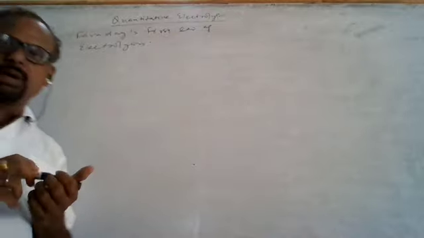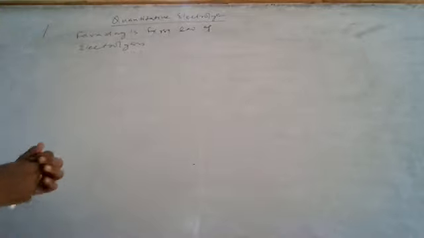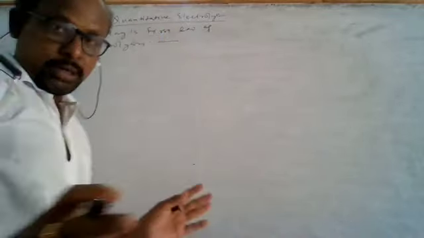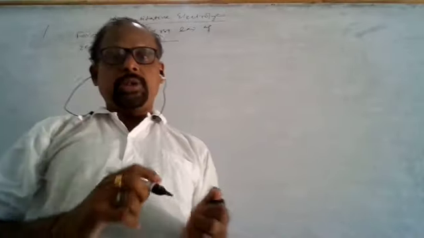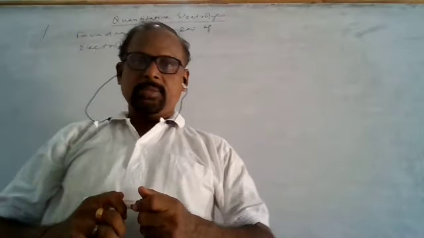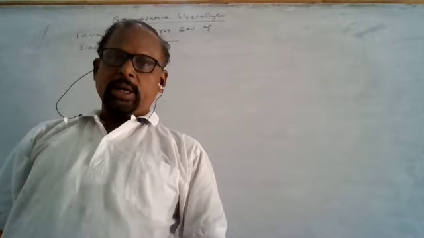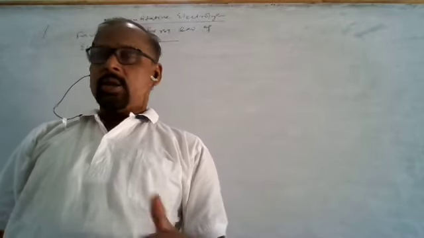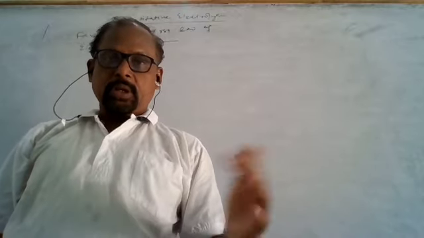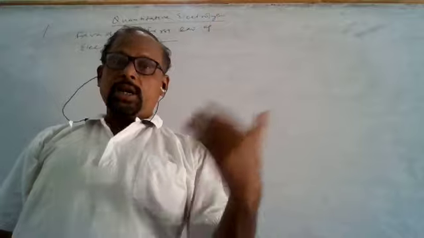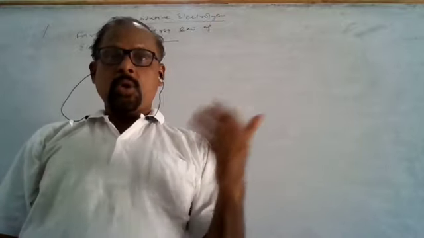To understand Faraday's first law, you know electrolysis is the dissociation of an electrolyte and movement towards the two opposite electrodes. Remember this: the positive is the anode and the negative is the cathode. Cation moves towards cathode and anion moves towards anode. At the cathode reduction takes place and at the anode oxidation takes place.